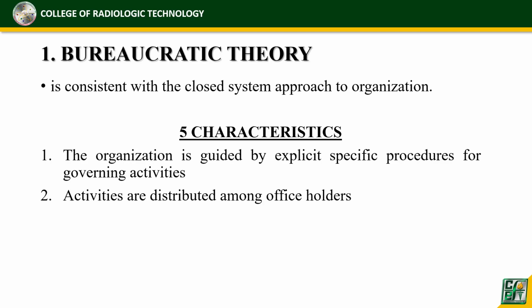Okay. Then, activities are distributed among office holders. So kung mapapansin natin, di ba, sa isang government unit, maraming offices. And each offices ay may kanya-kanyang trabaho or line of activities. Okay?